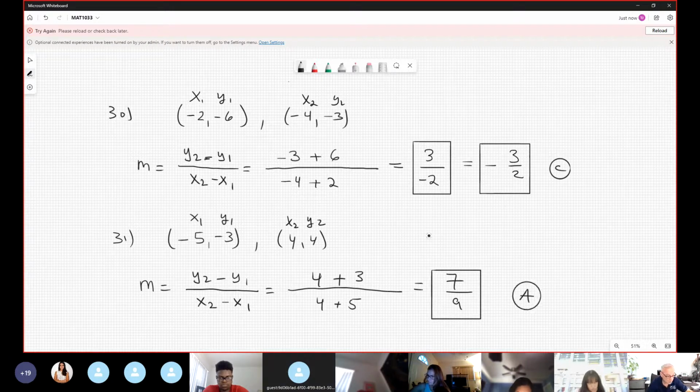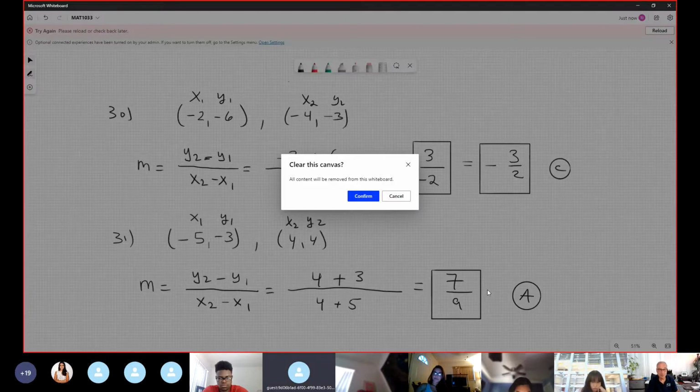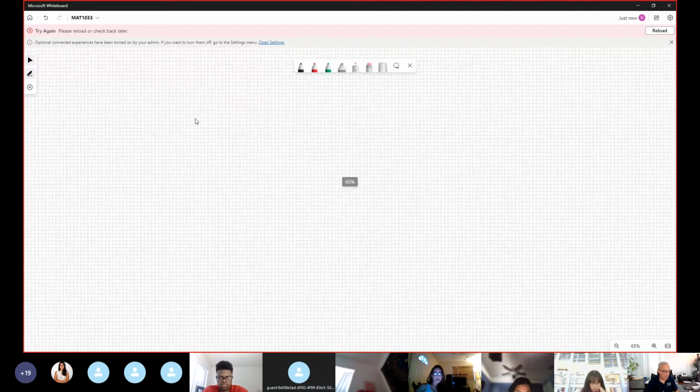Do you understand very well this kind of problem of computing slope? Yes. Okay, cool. Let's move on to another topic. Okay, write the equation of the line in slope-intercept form with the given slope and passing through the given point. I want to raise the board, guys. In this case, it's a little bit different. One point is given.